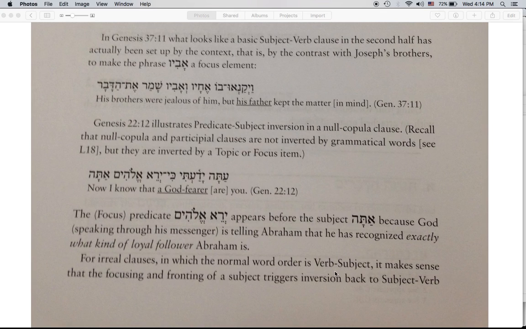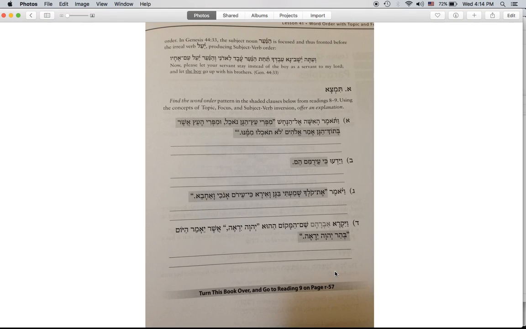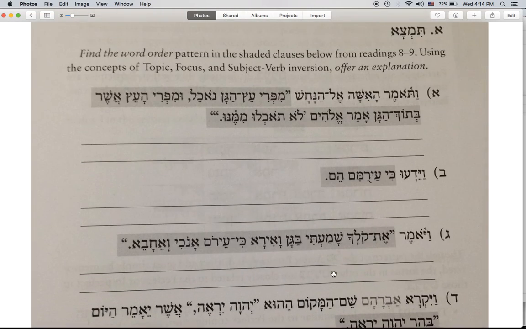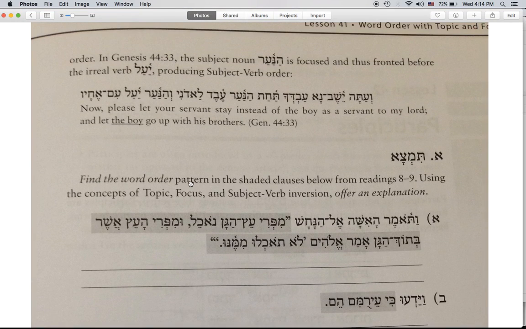So we get back to subject verb. An example from Genesis 44 verse 33 shows us how this works. The subject noun hanar is focused and thus fronted before the irreal verb ya'al, producing subject verb order.